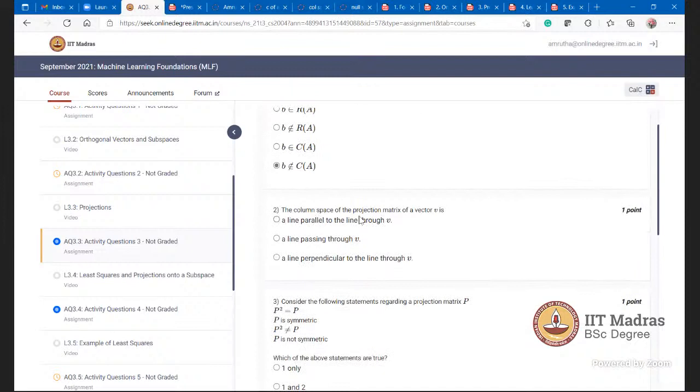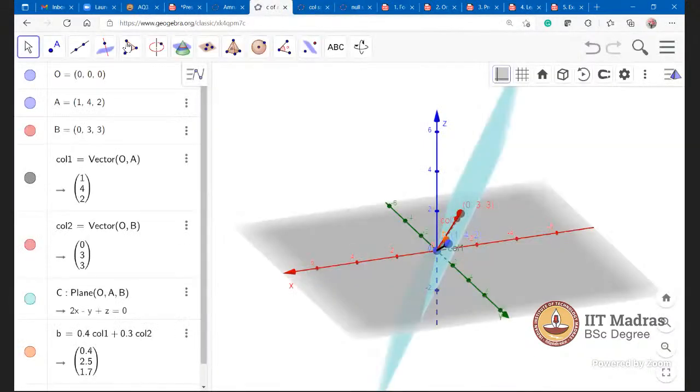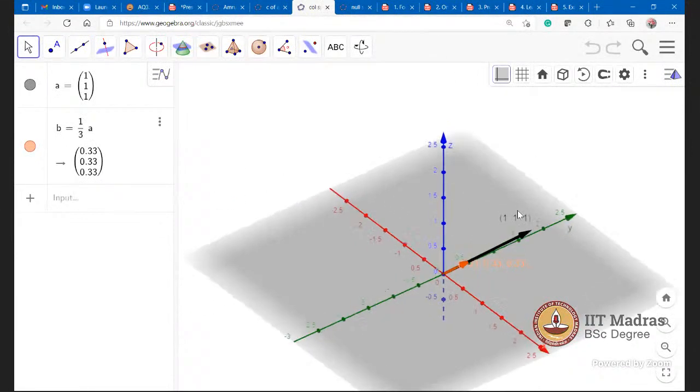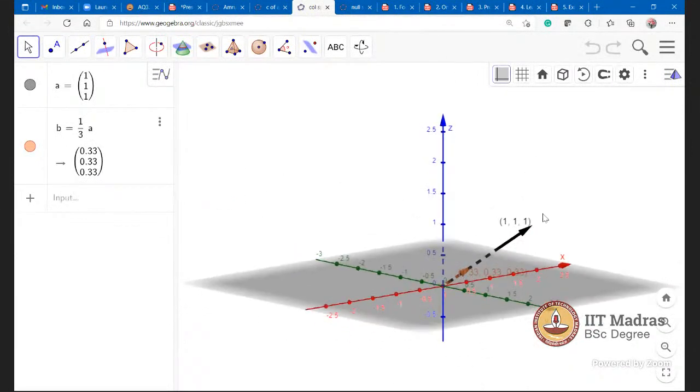Second question, the column space of the projection matrix of a vector V is a line passing through V. So I have made an application. Let me open it. To illustrate the idea behind the projection matrix of vectors, see for example, so I hope this is visible to everyone.